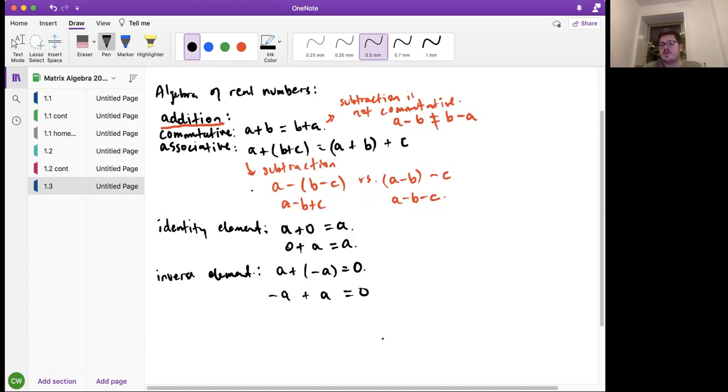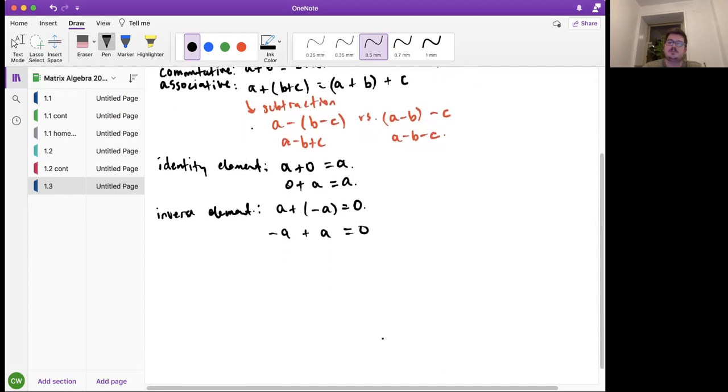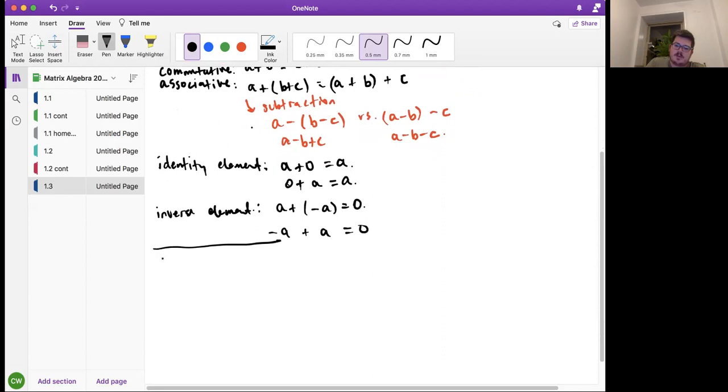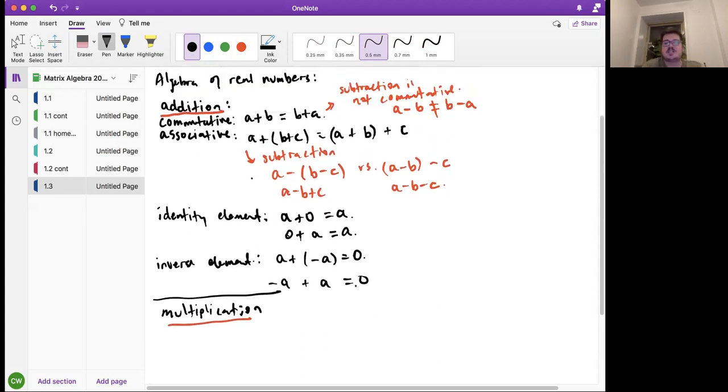Are we comfortable with those? We might throw these terms around more. Let's talk about multiplication. We don't need to talk about subtraction with this. Subtraction, you might want to think of as just adding the additive inverse.